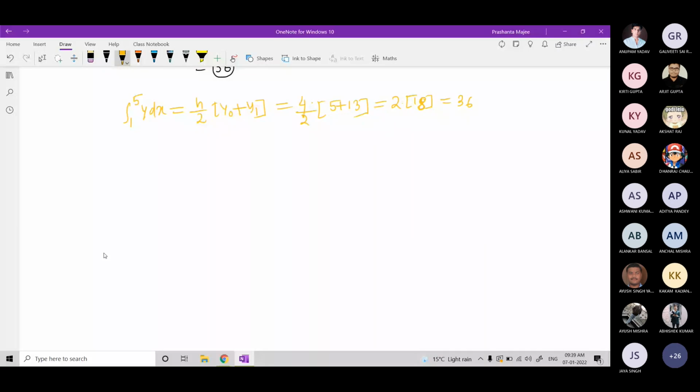So here, let us consider this integration. Similarly, you will get the exact answer up to a quadratic polynomial in the case of Simpson's 1 by 3 rule. For a unique quadratic polynomial, how many data points are required?